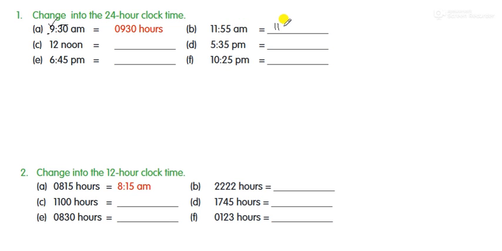Here 11:55, so 11:55 hours. Here 12 noon, so there are no minutes, which means 00. Next, 5:35, so 0535 hours.